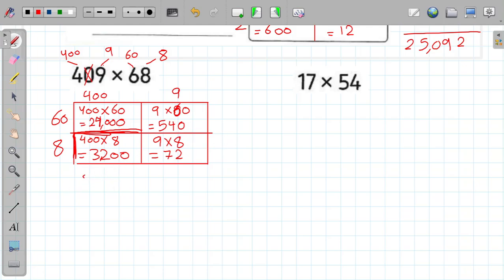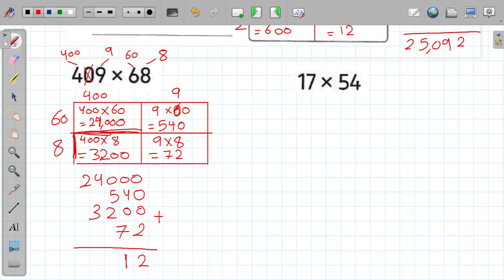Okay, so I have 24,000. Next I have 540. Next I have 3,200. And the last one I have 72. Okay, so 0 plus 0 plus 0 plus 2 equals 2. 0 plus 4 plus 0 plus 7 equals 11. 1, carry up 1. 0 plus 5 plus 2 equals 8.